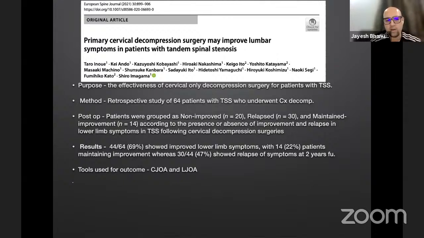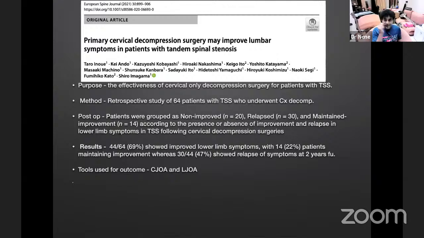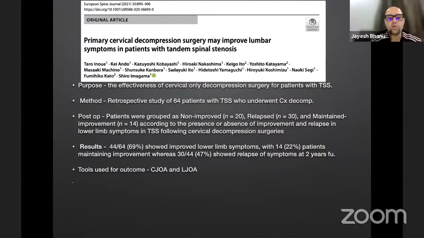the canal, but total radiological or clinical? I mean, the thing is that most of these are radiological grades, and radiology often mismatches in lumbar stenosis with clinical settings. Yes, sir. So in all these studies, sir, they have not mentioned exactly how much was the clinical or radiological correlation.